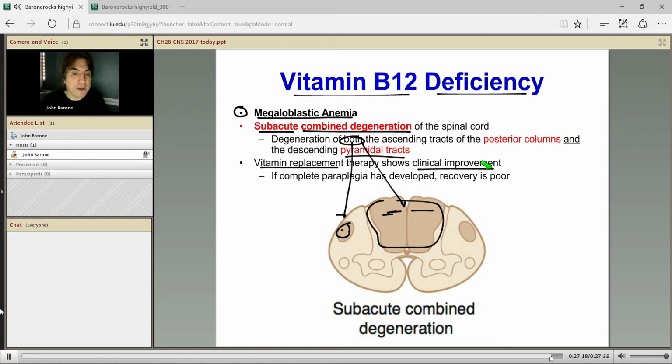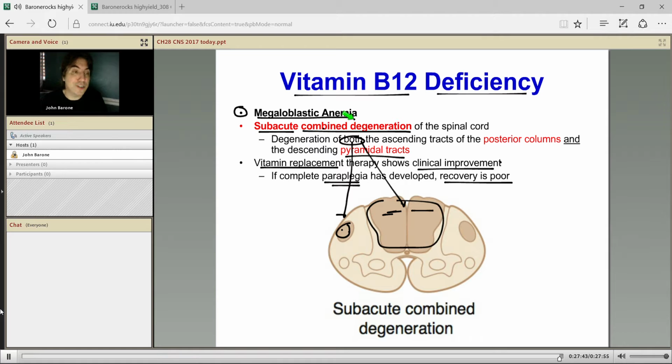Now, you got to get the vitamins back as quick as you can, and you can get improvement. But the problem is duration. The longer you've had the deficiency, the more permanent it becomes. So usually, if you've gotten to the point where you have complete paraplegia, that's pretty severe. Their recovery is very poor. So it really depends on how long you've had the deficiency. That will determine whether it's reversible or not.